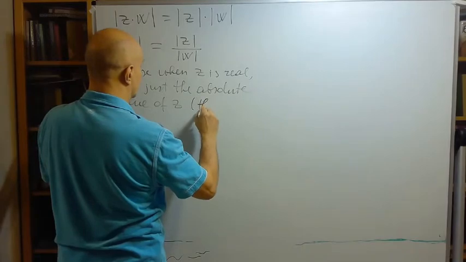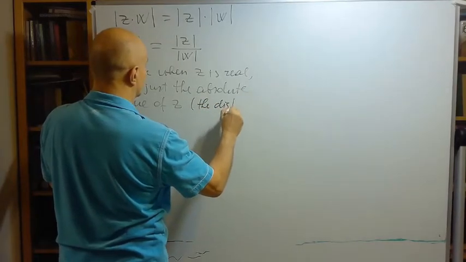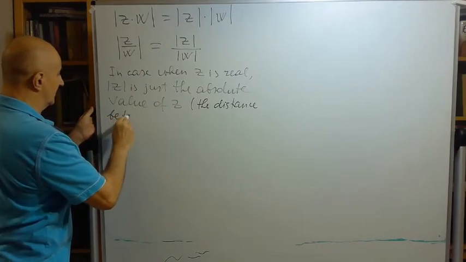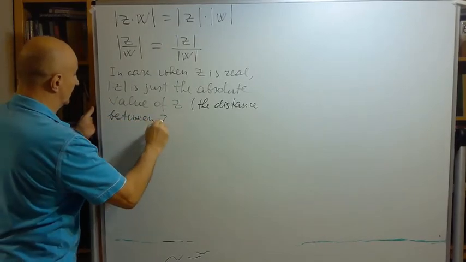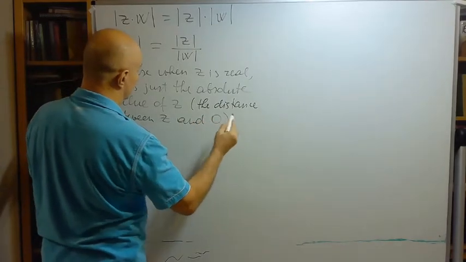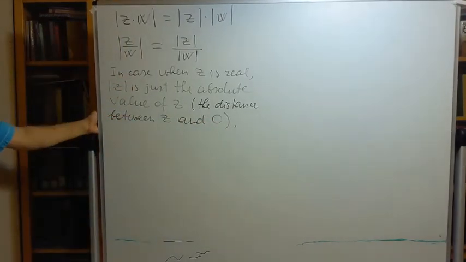The distance, this meaning is always the same. The distance between z and zero. It's actually the norm of your vector.